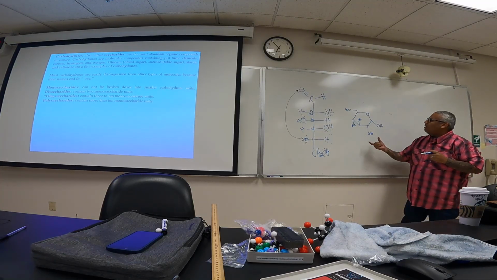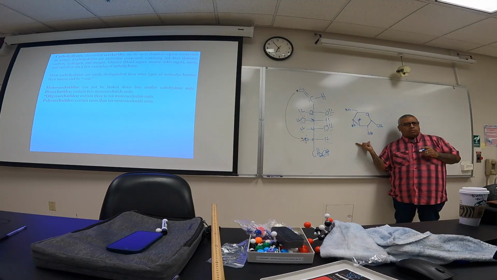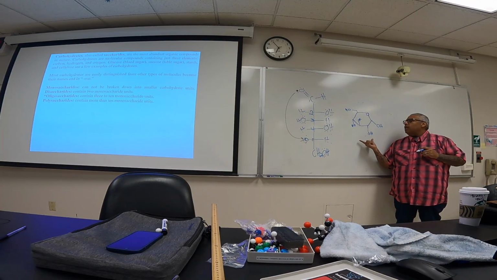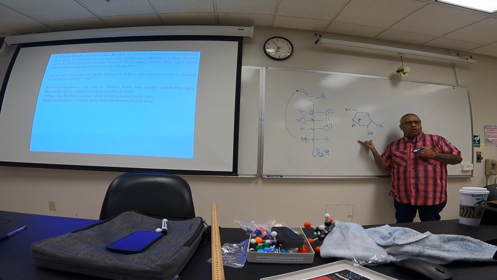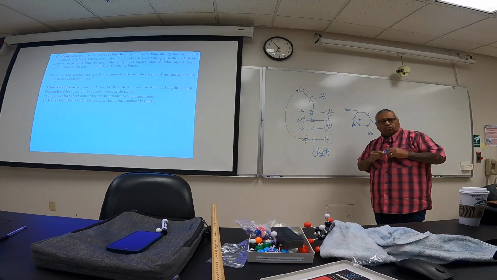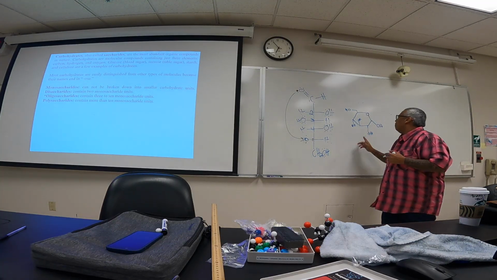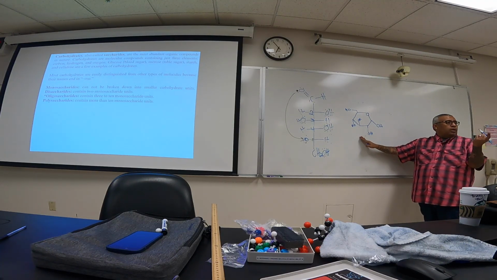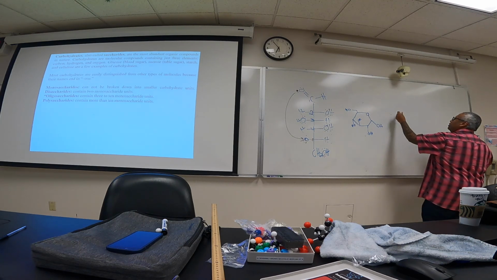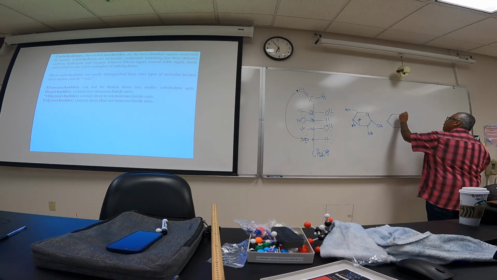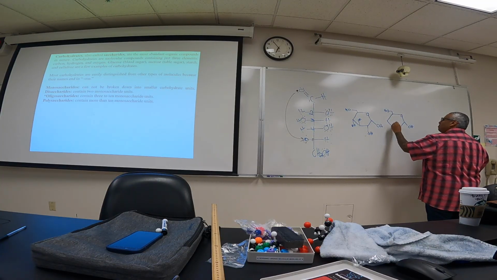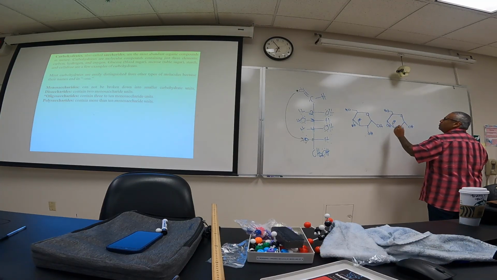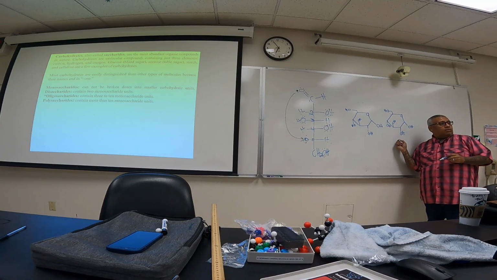But anyways, when we have these single units, this is what we call a monosaccharide. If I take this monosaccharide, because it's just one, and I bond it to another monosaccharide, so here, these are two monosaccharides: monosaccharide, monosaccharide.